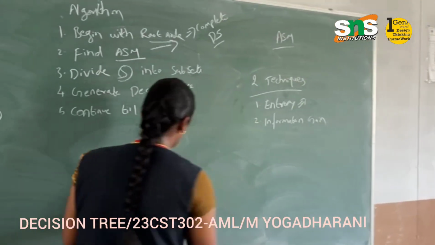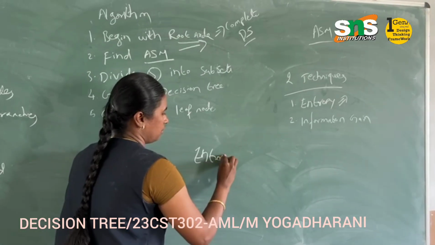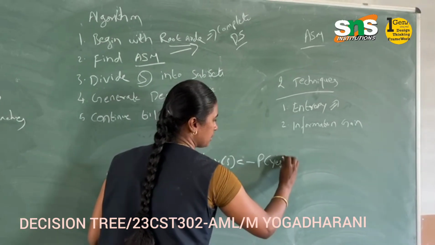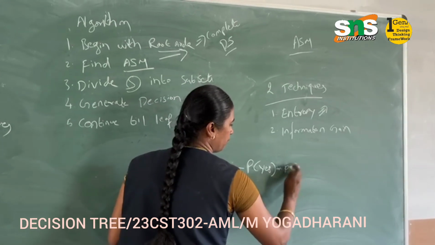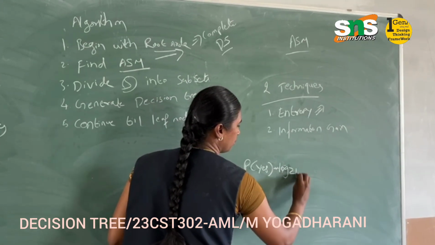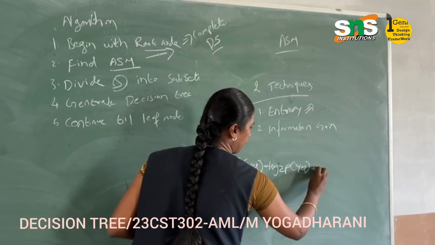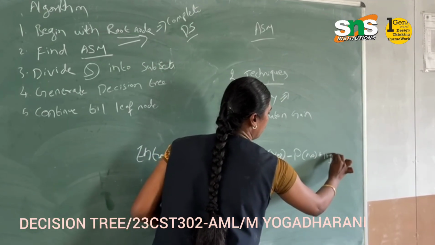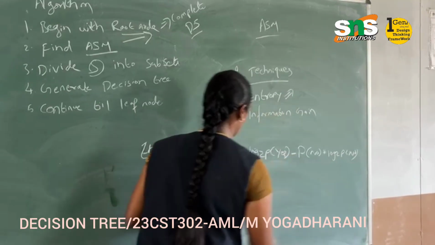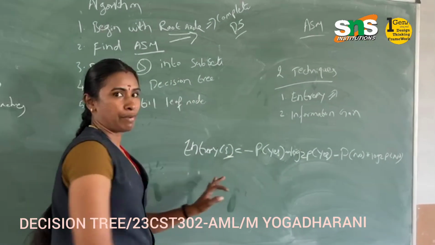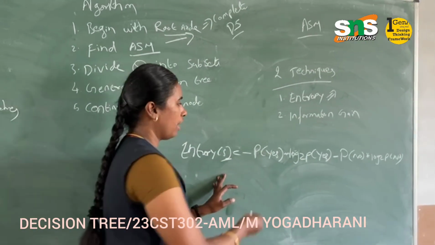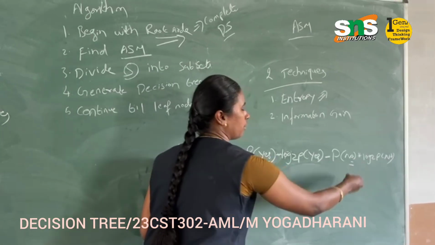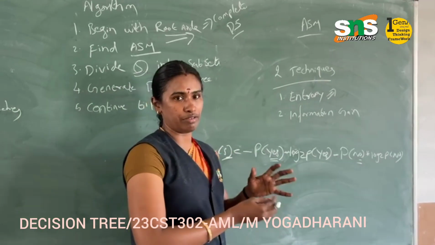The formula says: entropy of S is equal to minus probability of yes into log 2 probability of yes, minus probability of no into log 2 probability of no. Here S stands for the total number of samples in the given attribute, probability of yes is for the yes samples, and probability of no stands for the no events.